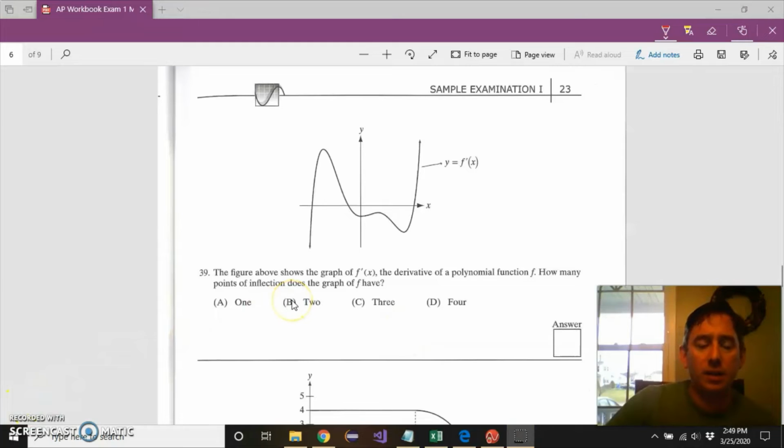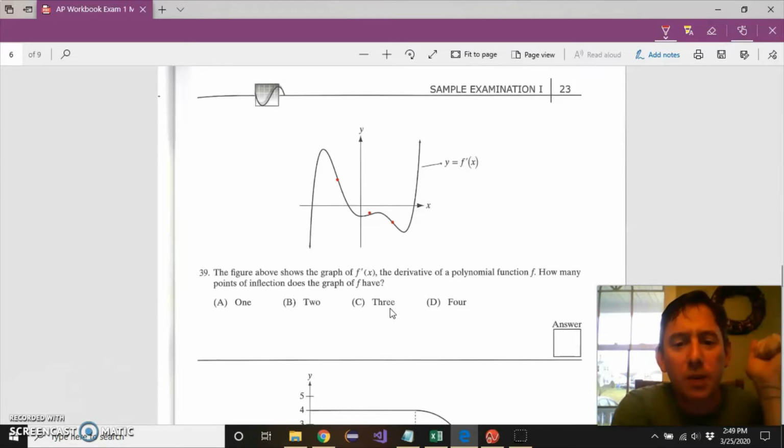Okay, number 39, we have the graph of f prime, and we want to know how many points of inflection f has. So please don't say 1, 2, 3. If you go with 3, you're not really trying hard enough here.